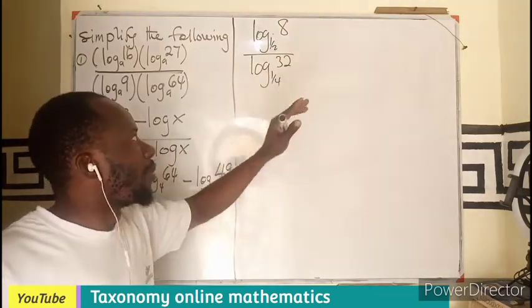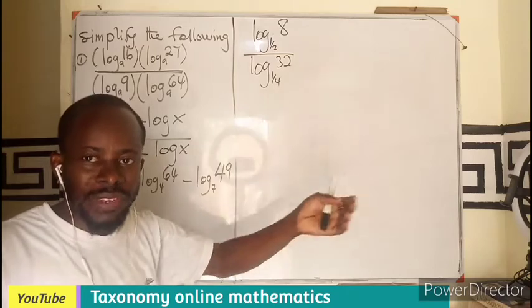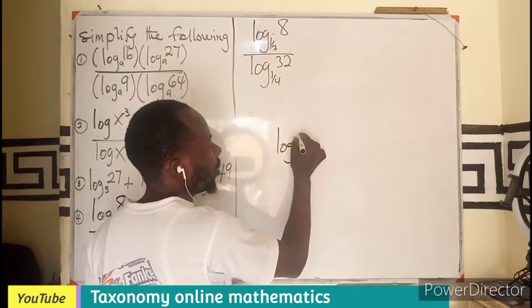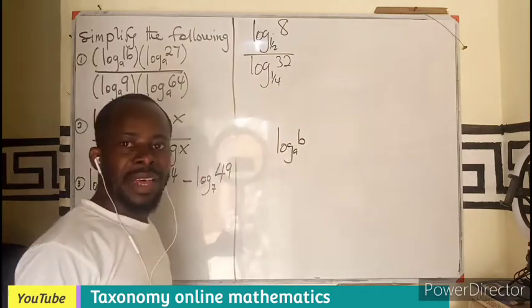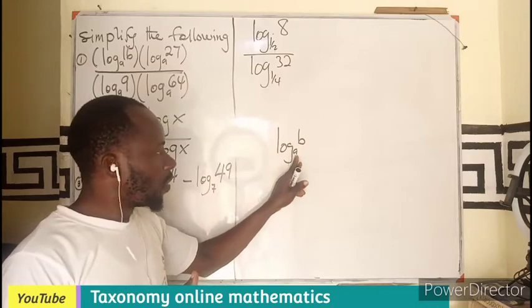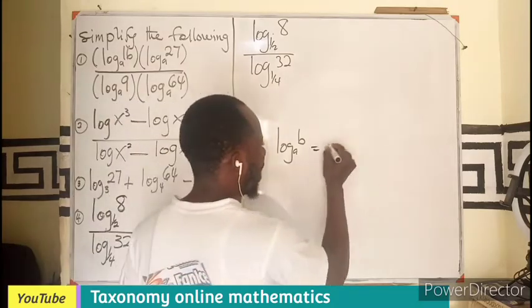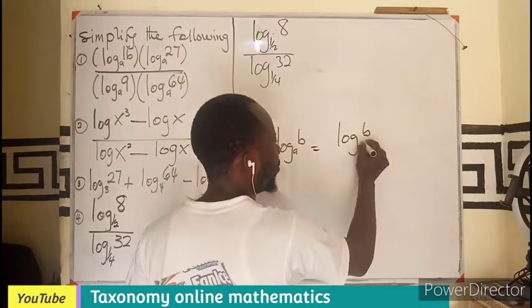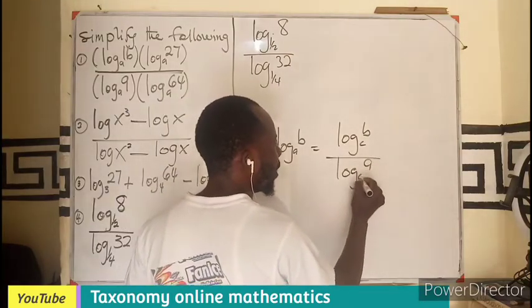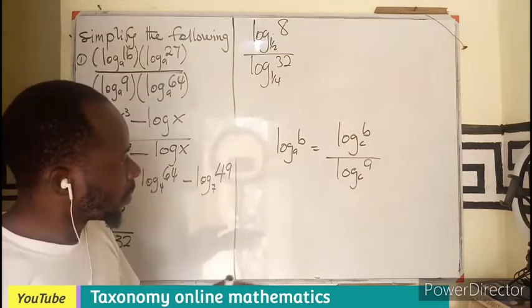So now we are going to employ the change of base property, which says that if I have log b base a and I need to change the base from a to c, that becomes log b base c divided by log a base what? c.